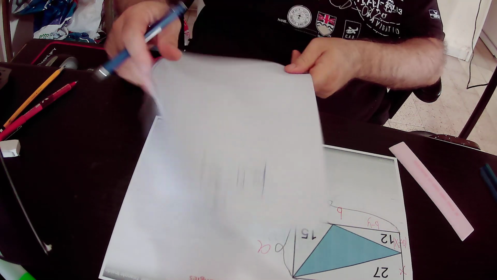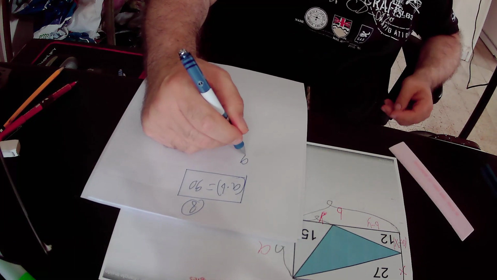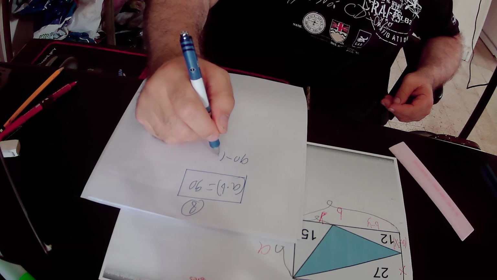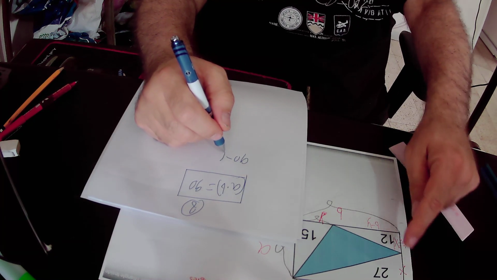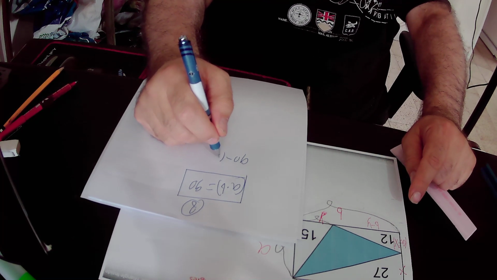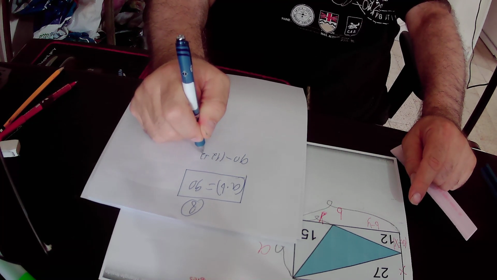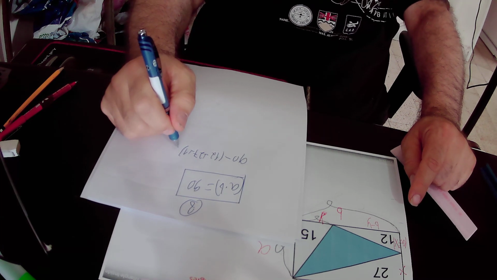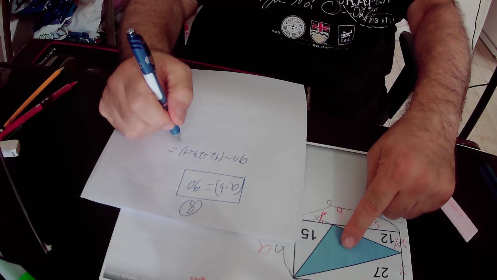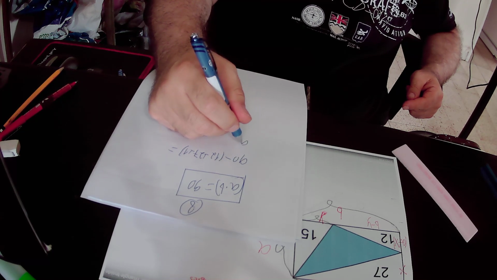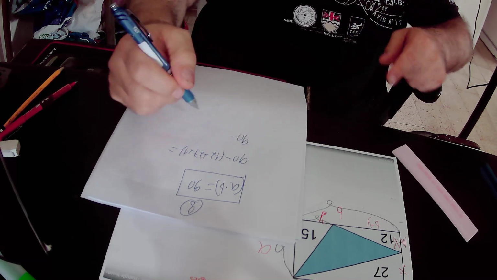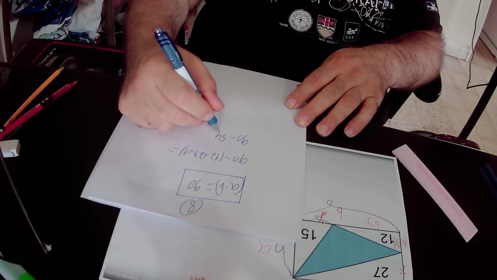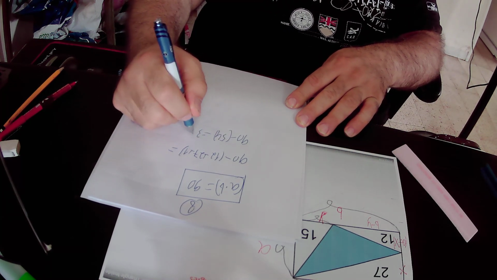So the area of the rectangle, that is 90 units, minus the sum of the areas of the right triangles, that is 12 plus 27 plus 15, equals the area of the blue triangle, or 90 units minus the sum of the areas of these three triangles, 54 units, equals 36 units.